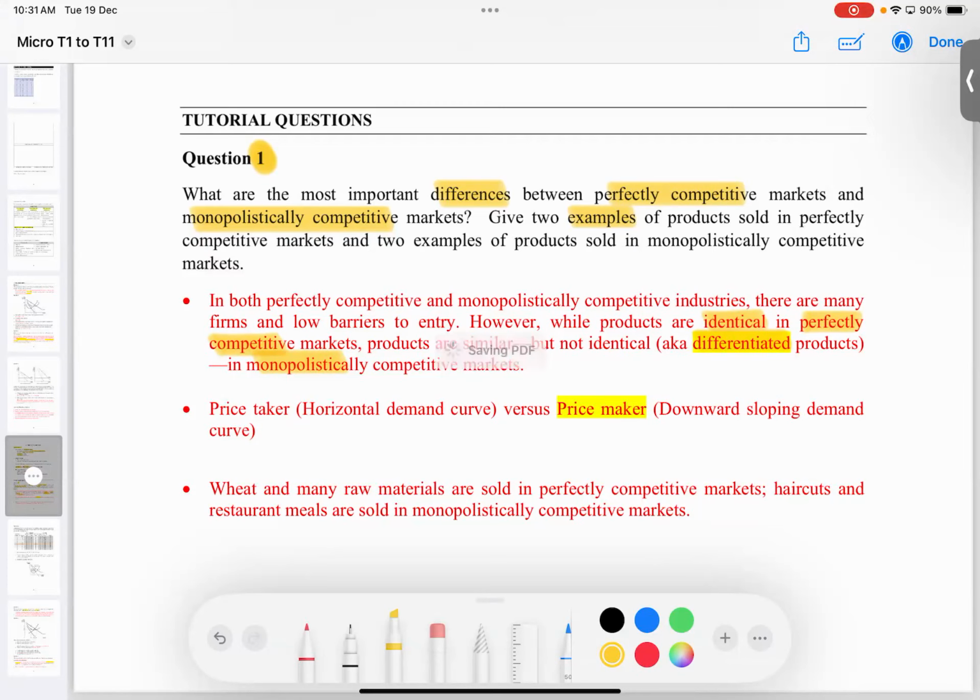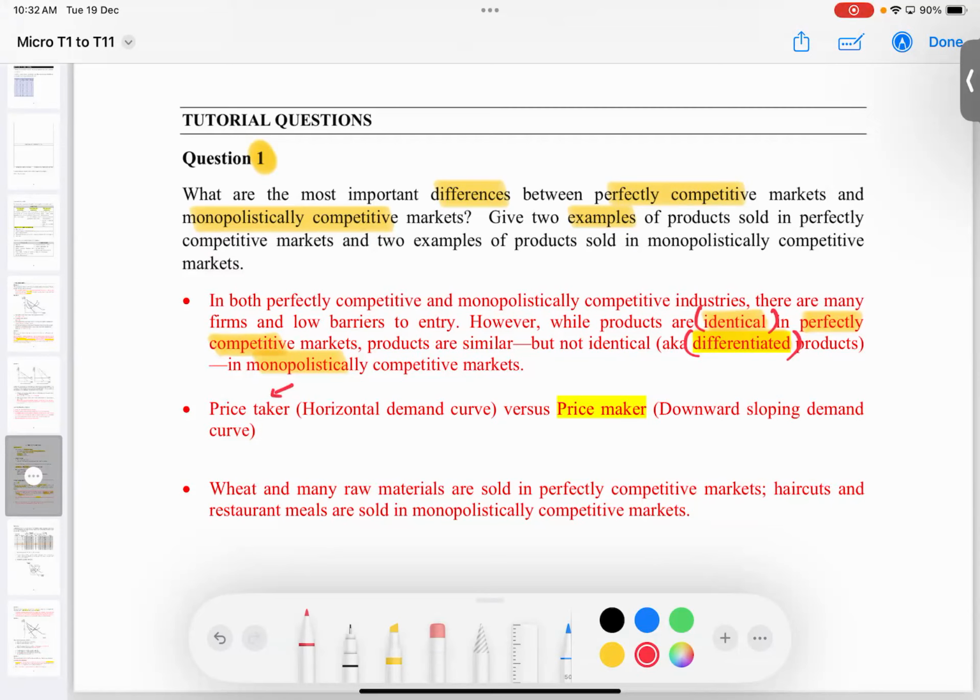Although the product could be similar, there could be differences to some extent in terms of designs, packaging, and features. That is the first main difference over here: one is selling identical products and the other is selling differentiated products. So perfect competition firms are price takers because they're selling identical products.